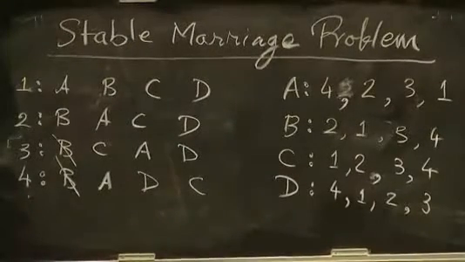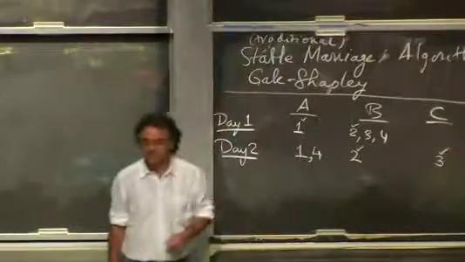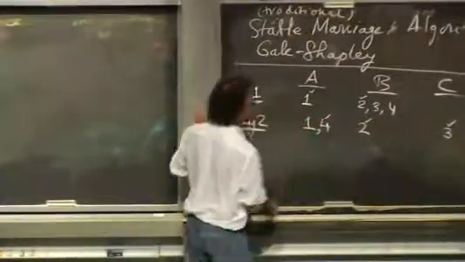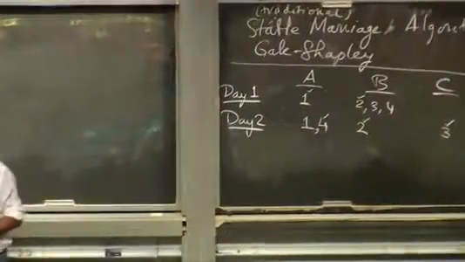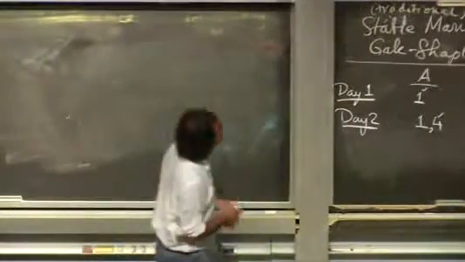So A now says to 4, maybe, come back tomorrow. And to 1, she says, never, just go away.